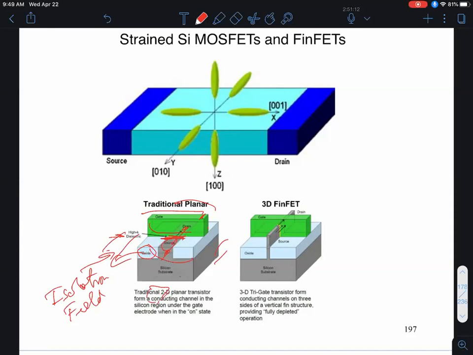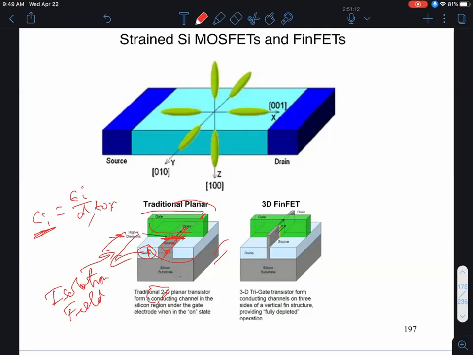How does the thick oxide guarantee isolation? Well, remember the oxide capacitance, Ci, equals epsilon insulator divided by the thickness of the insulator, D or Tox, right? Then the high K dielectric, I have a very thin Tox, and therefore I'll have a large value of Ci.